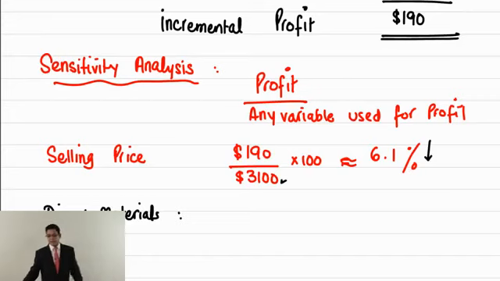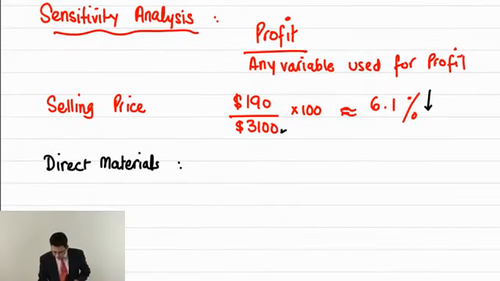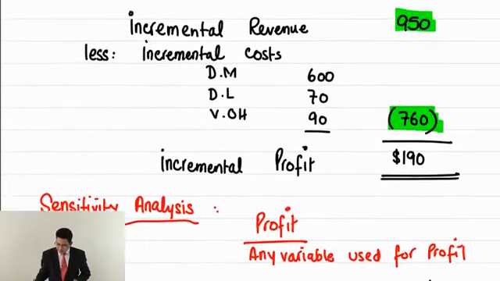Okay, let's compare the sensitivity of this product in relationship to direct materials. So $190 is the profit divided by direct materials 600.